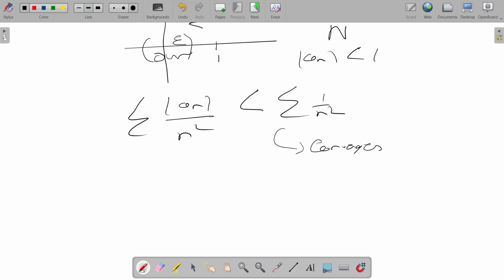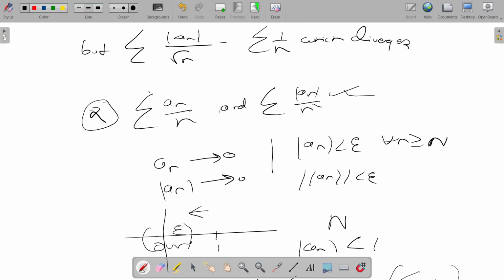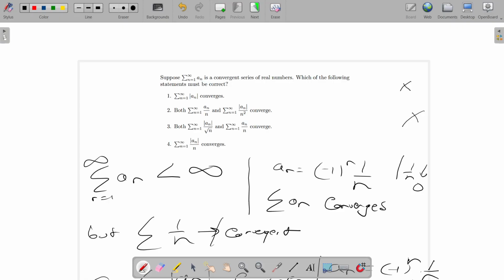We know that summation of 1 by n to the power p converges for p greater than 1. It's a p-series basically. So this is true, right? One part is true: summation of mod a_n by n square converges.